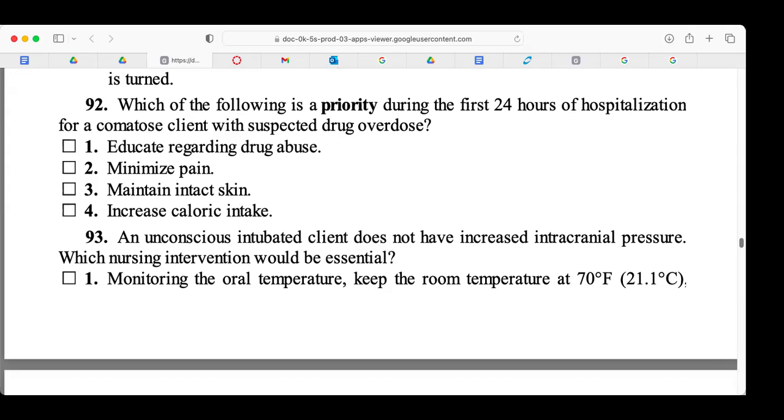During the first 24 hours? Minimize pain. And maintain intact skin. Yes, because did it say anything about pain? The correct answer is number 3.